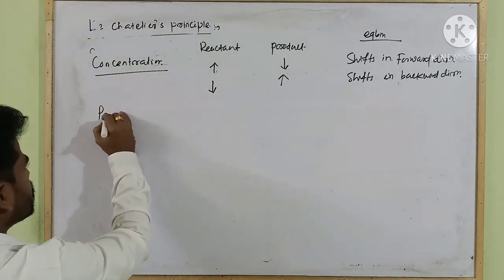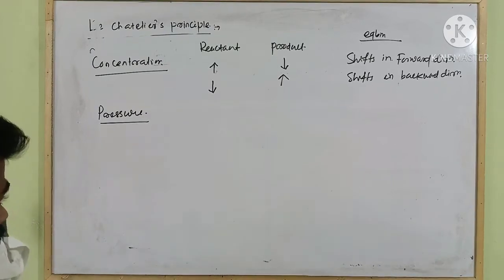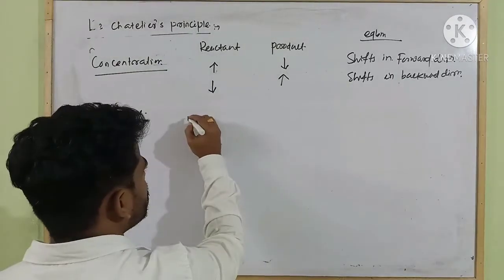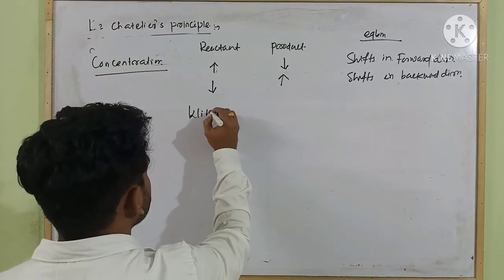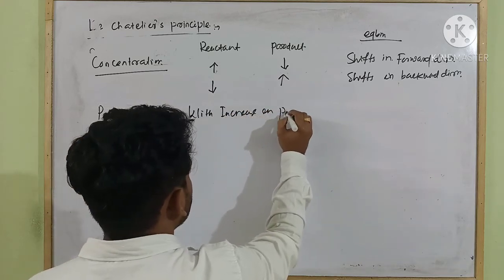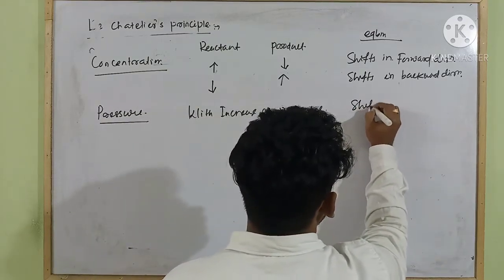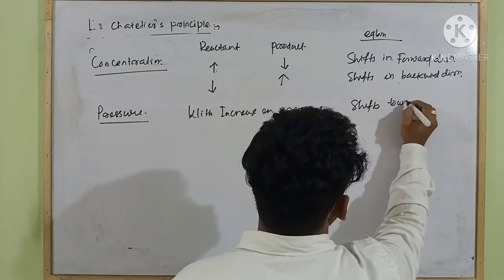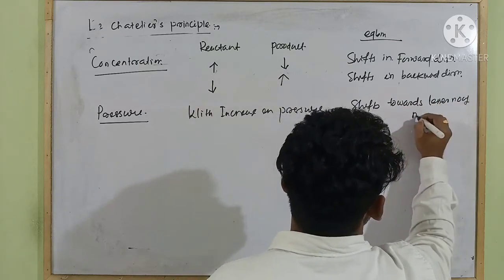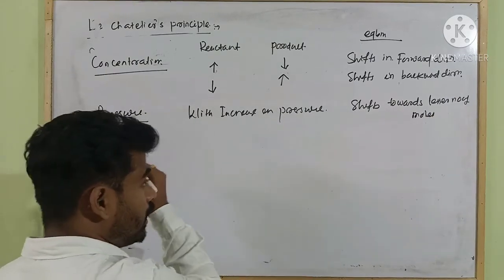Next, pressure. In case of a gaseous reversible reaction, simply write: with increase in pressure, equilibrium shifts towards the lesser number of moles, and it's vice versa.